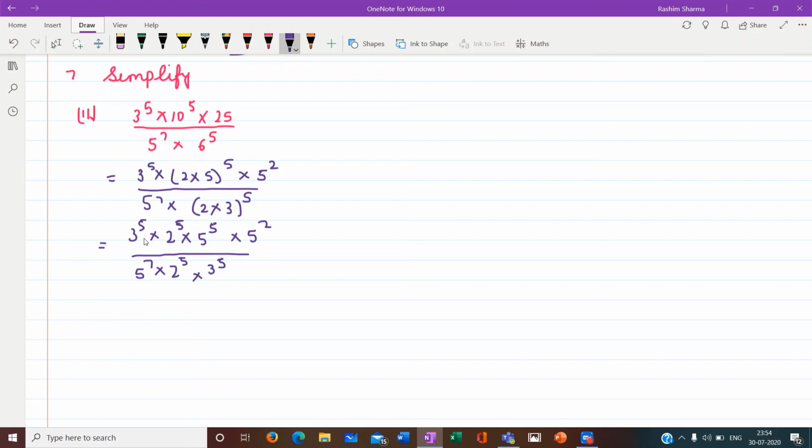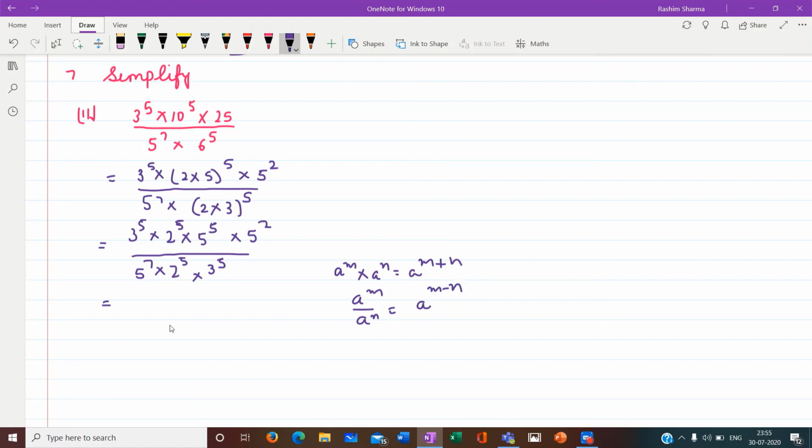Now where we have the same base in multiplication, there we will add the powers. Where we have the same base in division, there we will subtract the powers. Okay, because we know both the laws here: a raised to power m into a raised to power n is equal to a raised to power m plus n, and a raised to power m upon a raised to power n is equal to a raised to power m minus n.